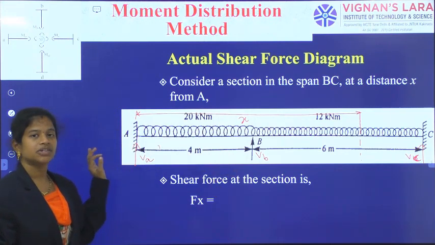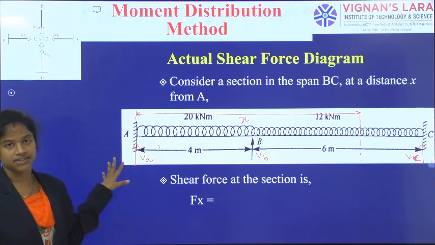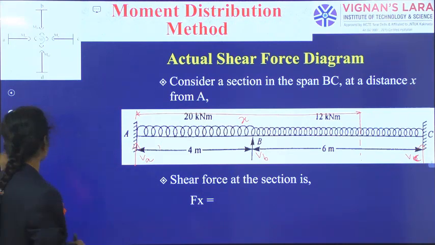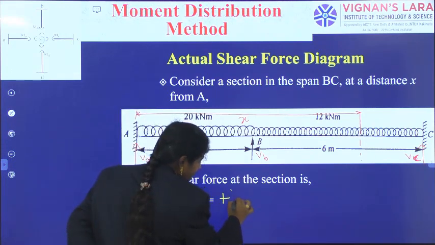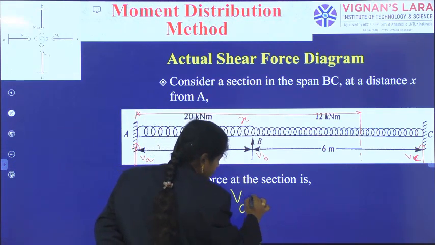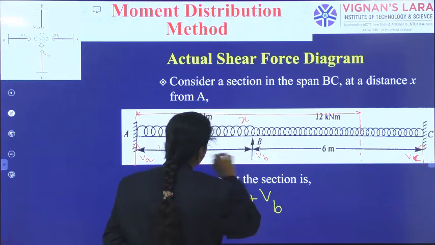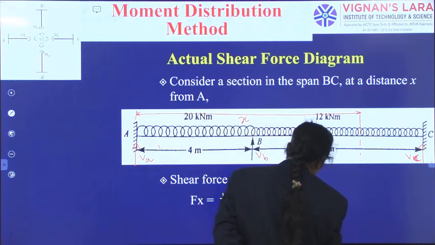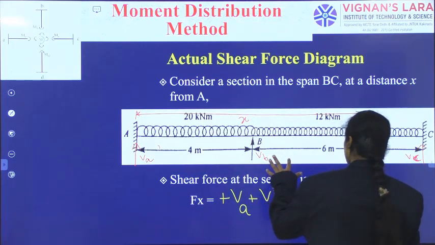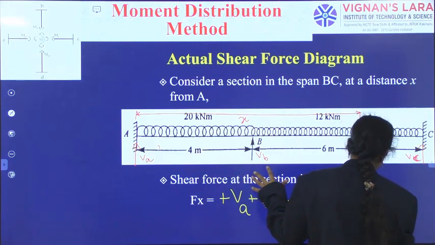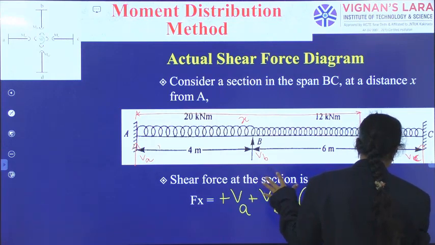Now summation of all the left hand side forces at the corresponding section. Fx is equal to plus VA and then plus VB and minus 20 into 4 meter complete length was there on the left, and also minus 12 into x minus 4.